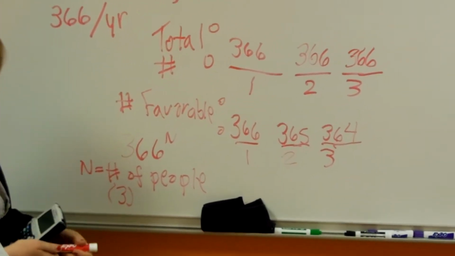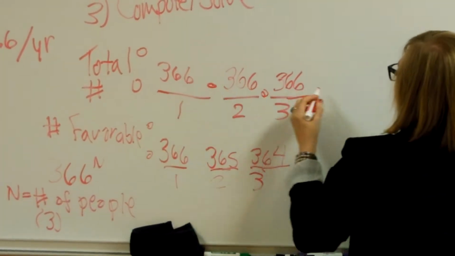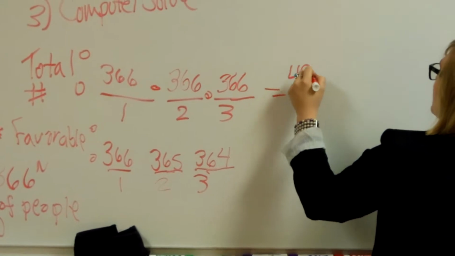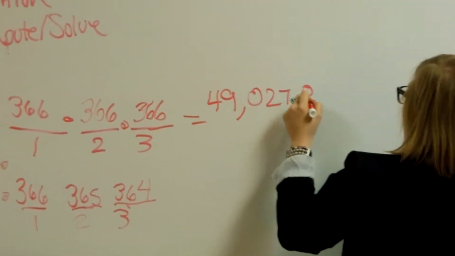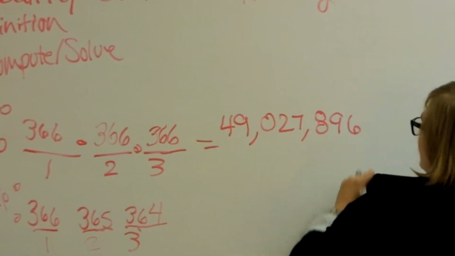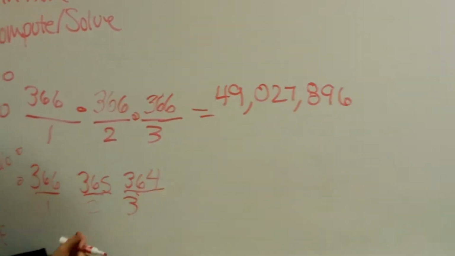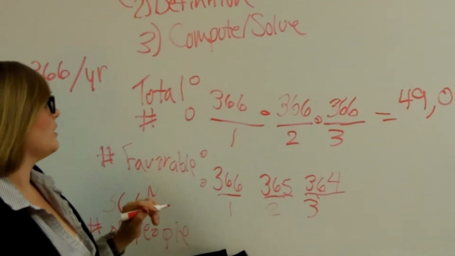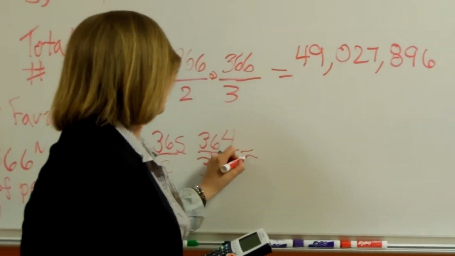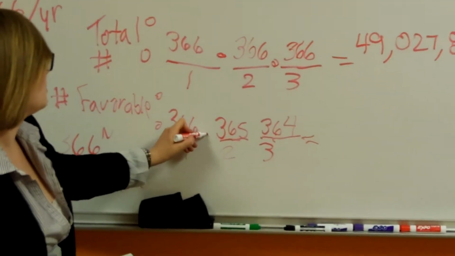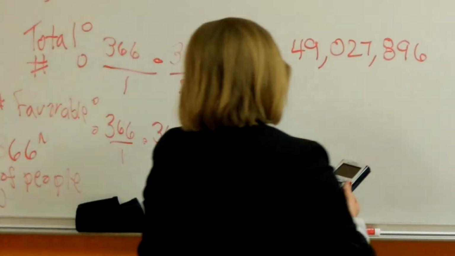And we get 49,027,896. So that's the possible outcomes, or the birthday matches that we could have. The combinations. And now we're going to multiply 366, 365, 364 together.